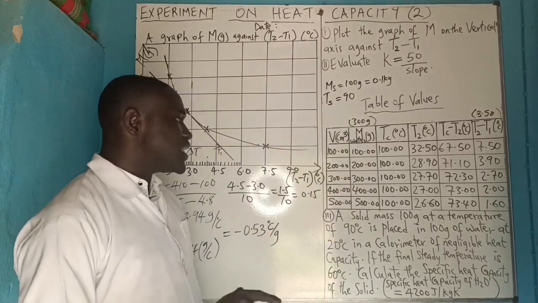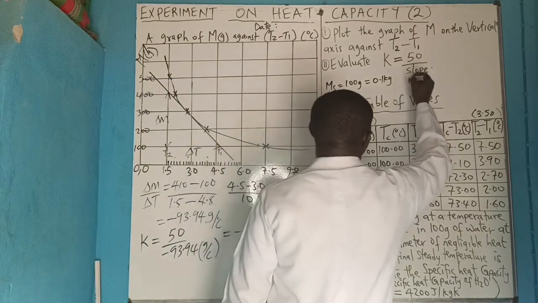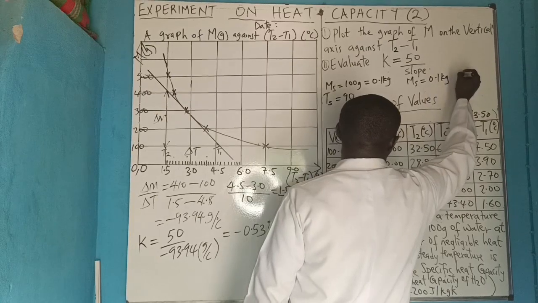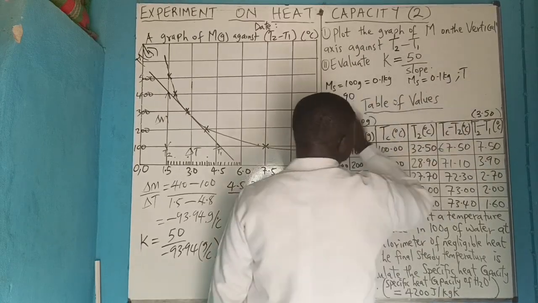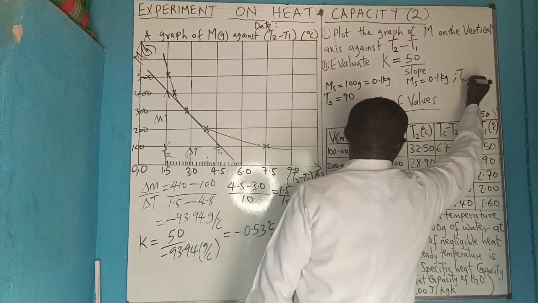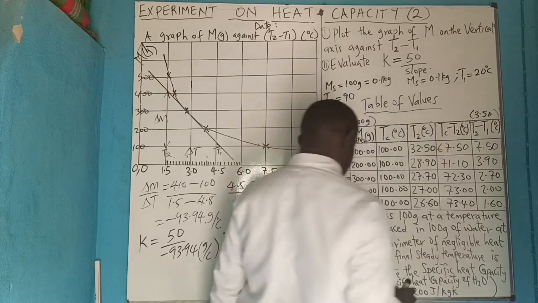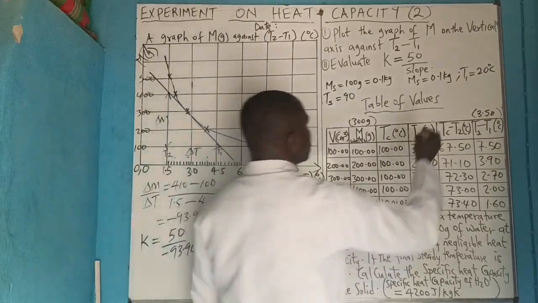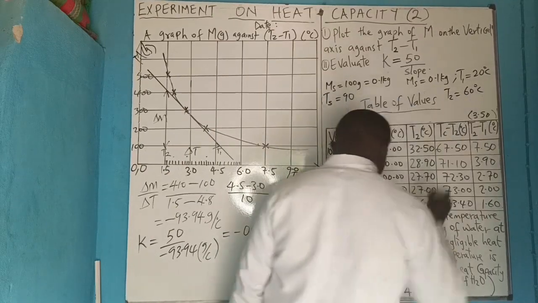Now it's placed inside 100 gram of water at 20 degrees Celsius. Mass of water equals 0.1 kg. Then the initial temperature, T1, is equal to 20 degrees Celsius. The final temperature is equal to 60 degrees Celsius.